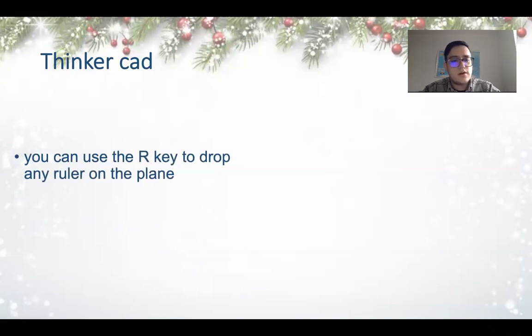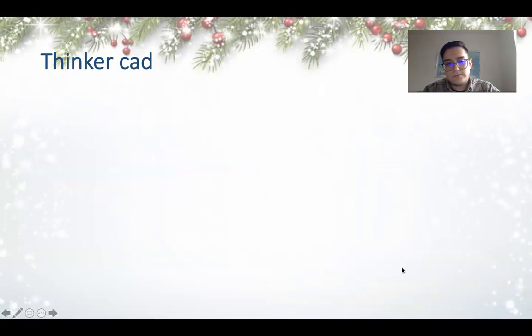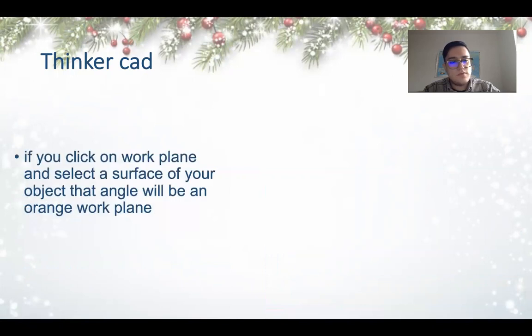You can use the R key to drop a ruler on the plane like this. So if you click the R key, you can have an extra ruler. If you click on the work plane and select a surface of your object, that surface will become an orange work plane.